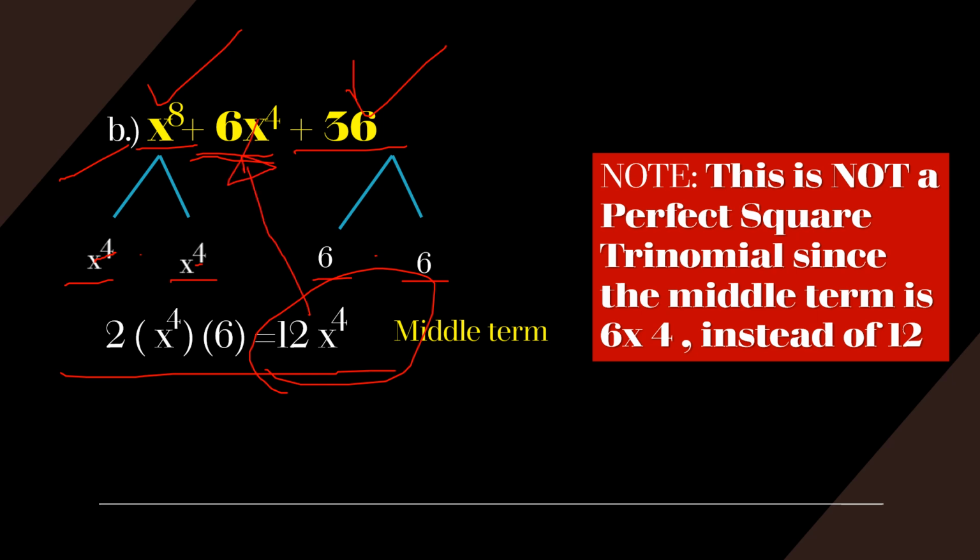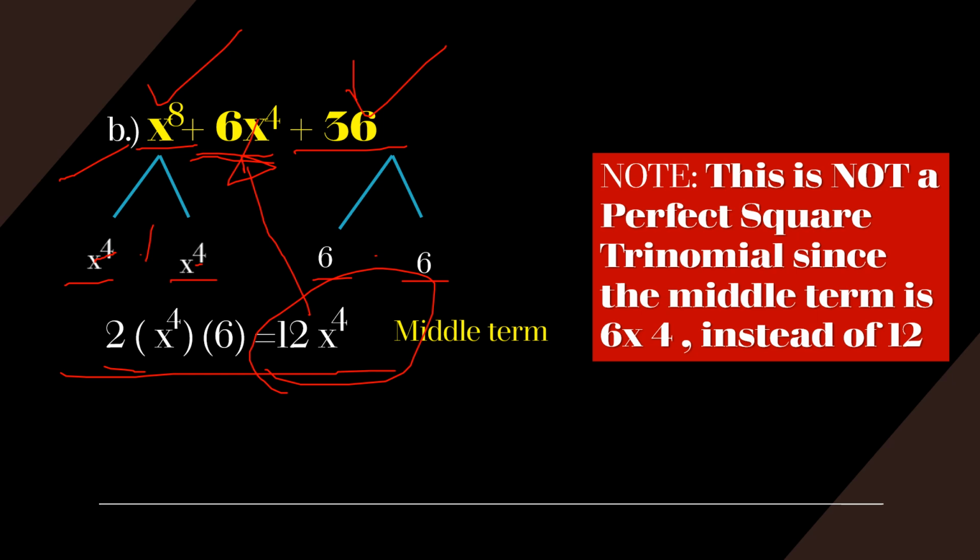So definitely, because of the middle term, it fails to meet the rule, which is twice the product of the square roots, which is 2 times x raised to 4 times 6, that is 12x to the 4. So the conclusion here is that even though the first term is a perfect square and the last term is a perfect square, the middle term doesn't satisfy the condition for a perfect square trinomial.